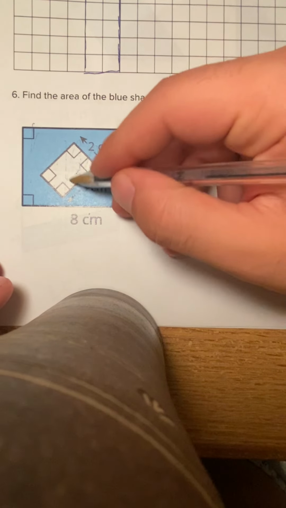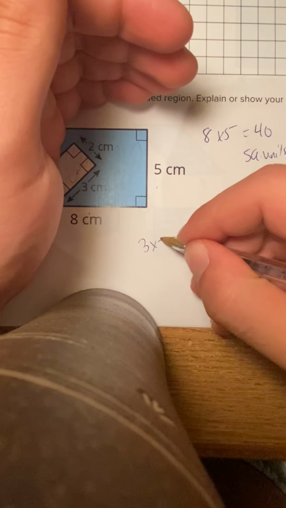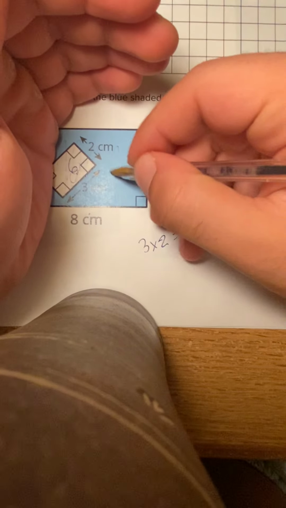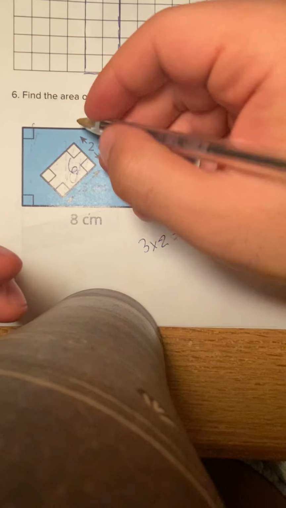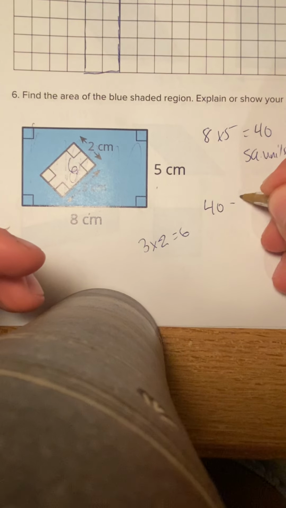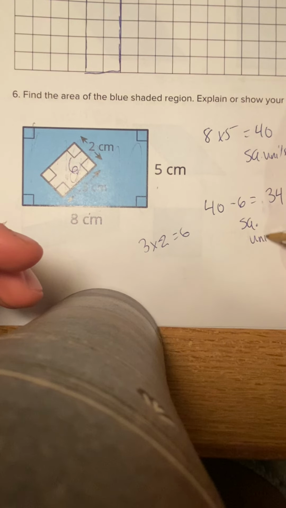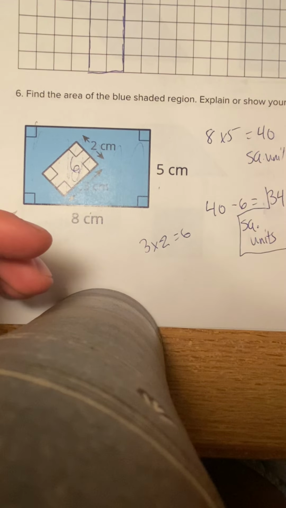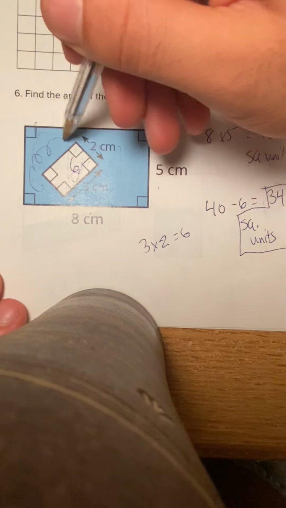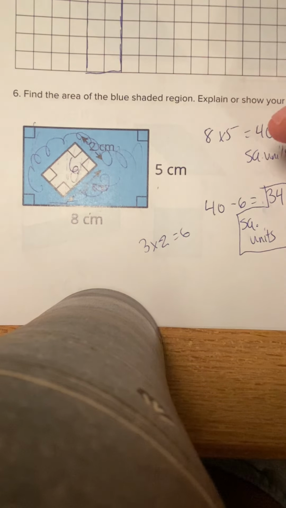So let's find the area of this, which is 3 times 2, equals 6. So the area of this is 6, and the area of all this is, I won't write it, but it's 40. So we have to do 40 minus 6, which is 34 square units. So the area of just the blue is 34 and not the white.